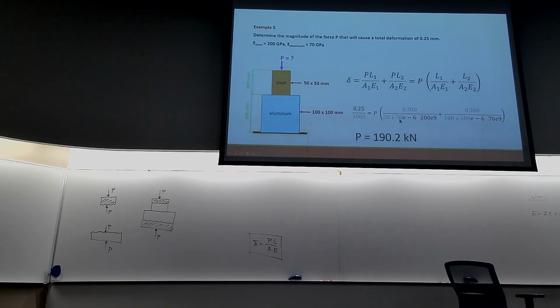Because each of these need to be divided by 1,000, we end up dividing by 1,000,000 for the areas. And these are in gigapascal, so we need to multiply by 10 to the 9th. And then you get a big number in newtons, but if you express it in kilonewton, this is the answer you're going to get.